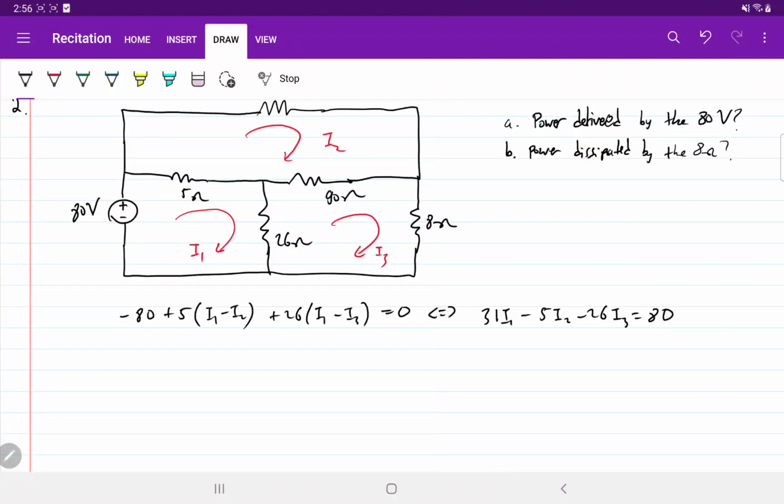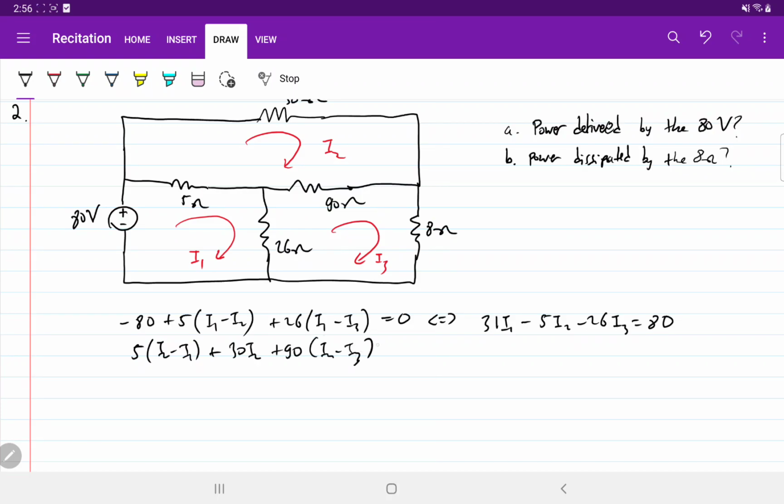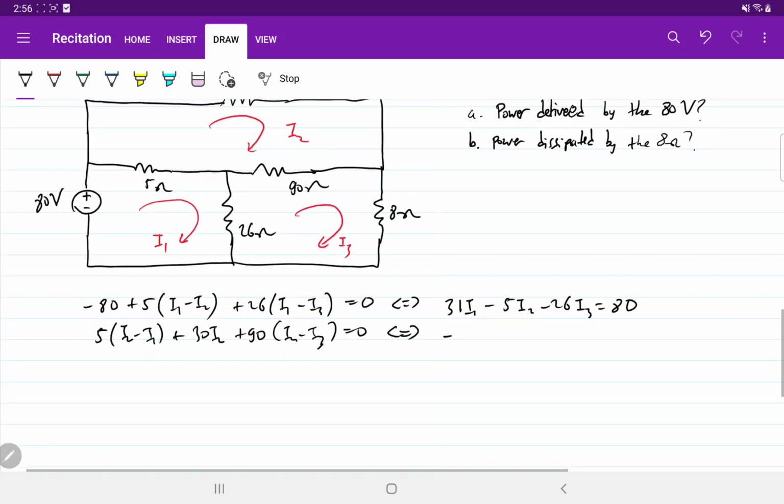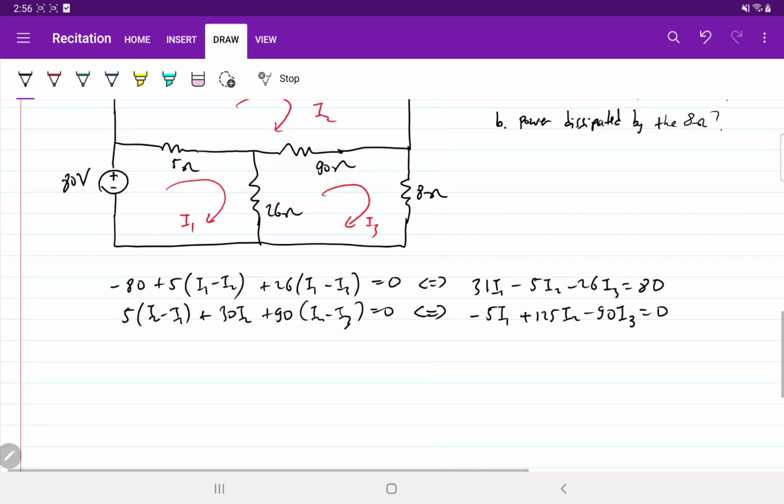Second mesh, we have 5 times I2 minus I1, plus 30 I2, plus 90 times I2 minus I3 equals 0. And by simplification, it is equal to minus 5 I1 plus 125 I2 minus 90 I3 equals 0.